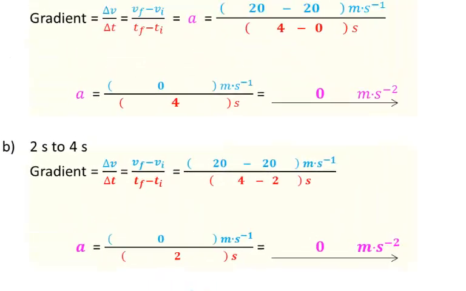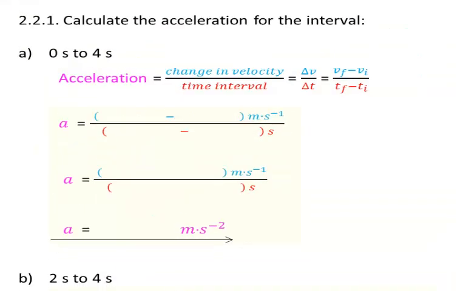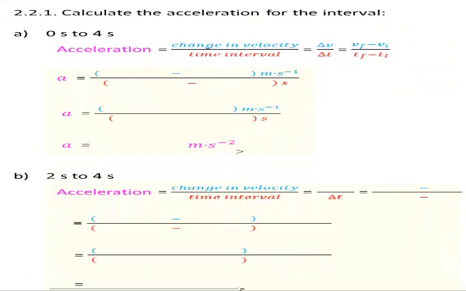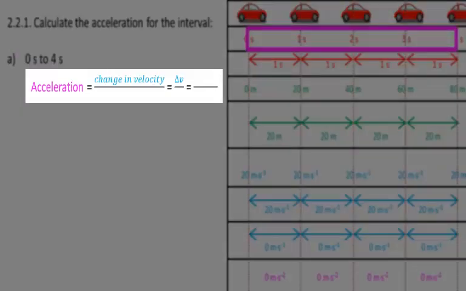Now let's answer these same questions using the equations of motion rather than using the gradient of the graph. So we are asked what is the acceleration of the car during each of these intervals, 0 to 4 seconds and 2 to 4 seconds. Acceleration is change in velocity divided by the time taken. Velocity final minus velocity initial divided by t final minus t initial.